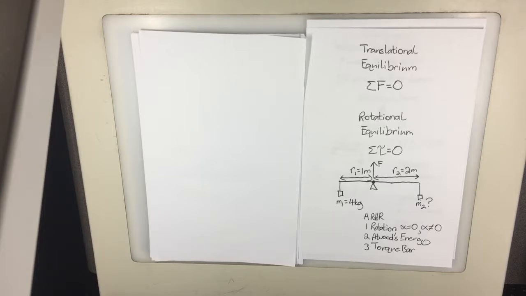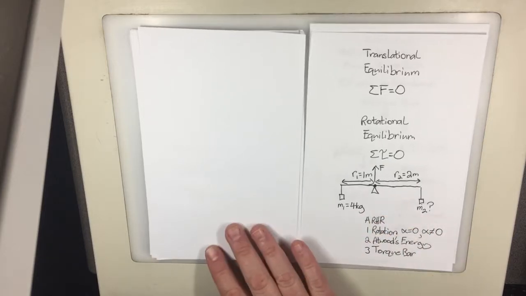The rotation yesterday was all about alpha equaling 0. These torque bars, alpha is 0, but a torque bar is its own type of problem. Okay. In the second half of this lecture, we're going to cover where alpha isn't 0. So we're still in an alpha equals 0 mode. You're welcome.